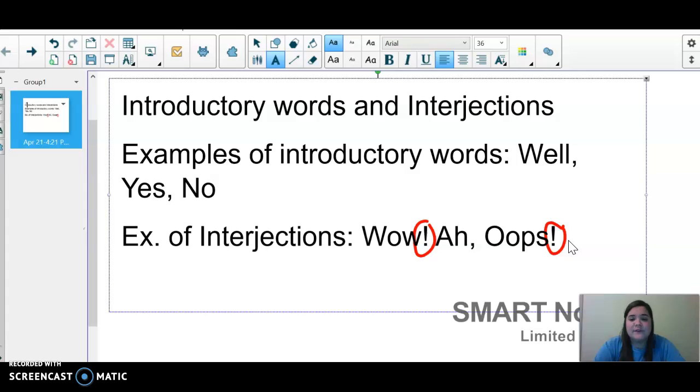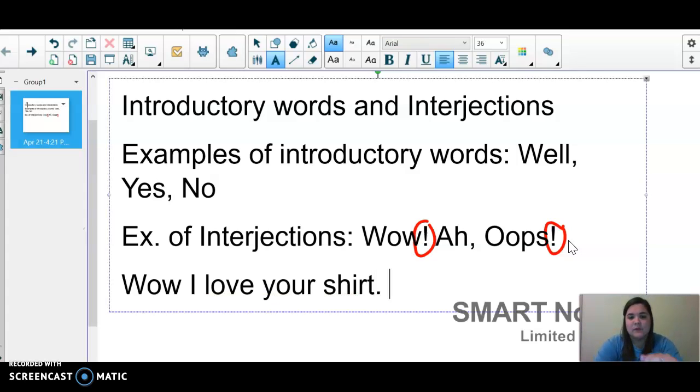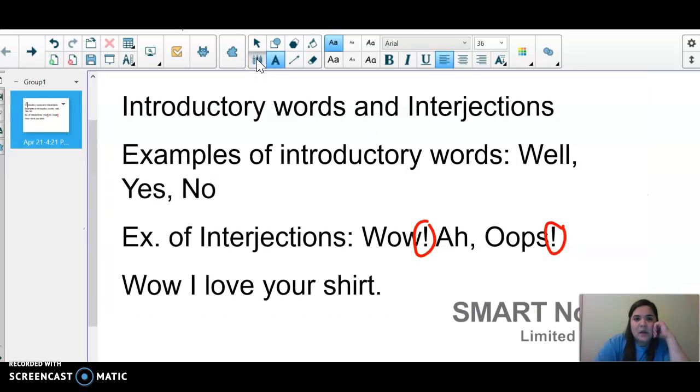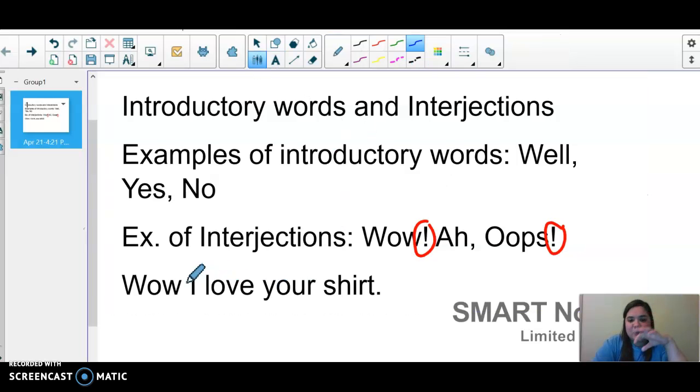But it's important for us to remember that if we have a sentence here, so let's say this is our sentence. Wow, I love your shirt. Think about the way someone might say, wow, I love your shirt. Are they saying that just like a part of their sentence, like, yes, I want to go, or no, I don't want to go? Or is that sort of like an exciting or sort of like more feeling word?